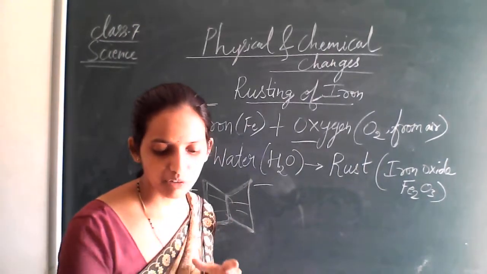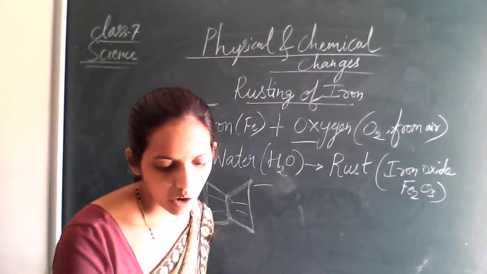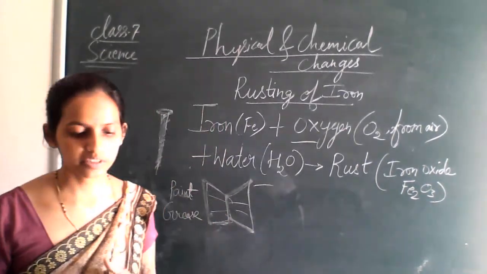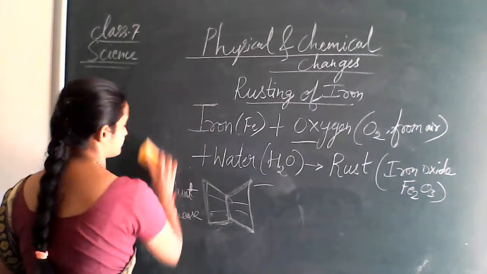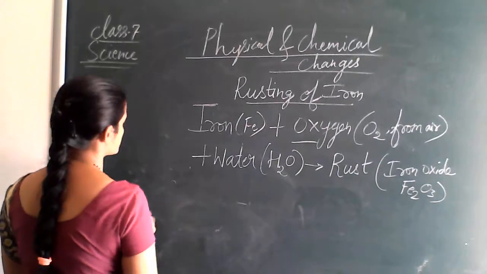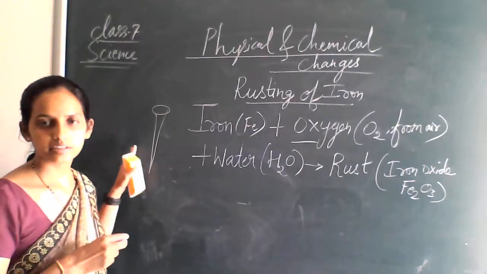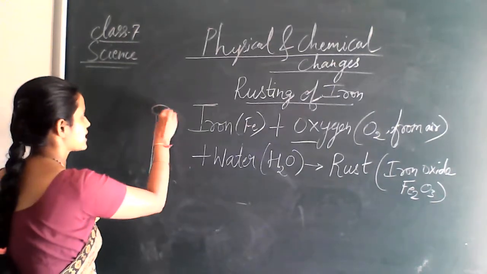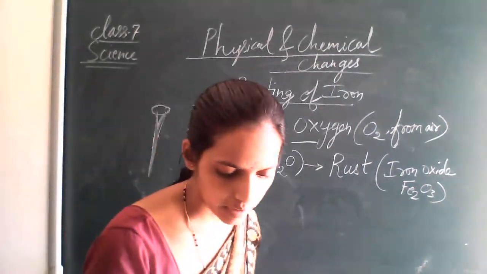The process of depositing a layer of zinc on iron is called galvanization, okay. There is a term called galvanization. So, as we are taking an iron nail, this is your iron metal, and this iron nail is coated.